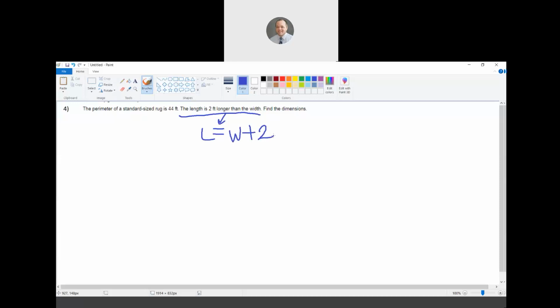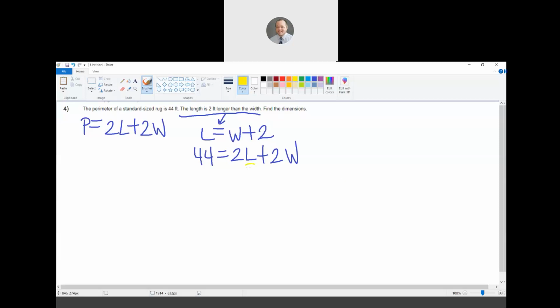To come up with the second equation, use the perimeter formula for a rectangle, and that is P equal to 2L plus 2W, in which the perimeter, or P, is given as 44. Again, because we have a letter by itself, we can use substitution.